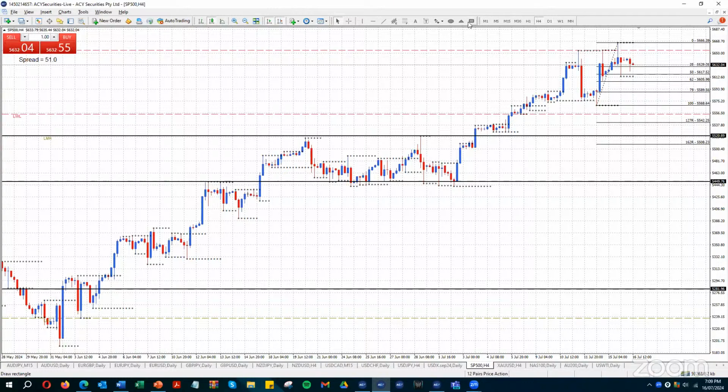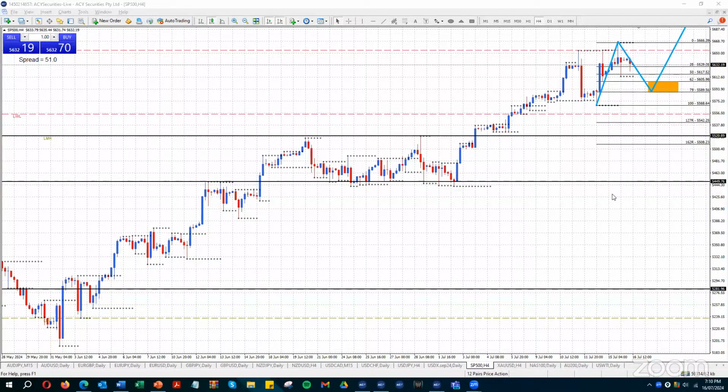look to the fib zones. 62.79% area here, 56.05 down to 55.89. Is that the dip area? There's a bit of an imbalance here that could need to be filled on the 4-hour. That would get you down to the 79% level. And then do we continue up?